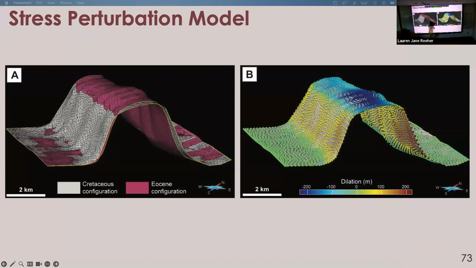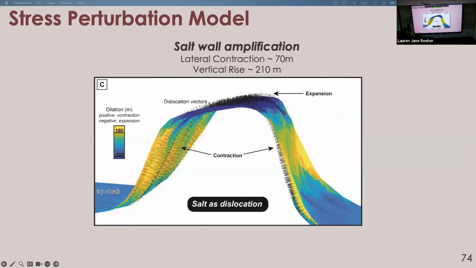So you're basically prescribing a specific motion everywhere along that surface, and you can view the elastic response to that stress change along the observation surface above. This is basically what's happening. These are the dislocation vectors in the model. So again, we're laterally contracting and vertically rising the salt wall, and the Moab tongue sandstone is overlying that, and that's what we're observing the stress change due to this movement.